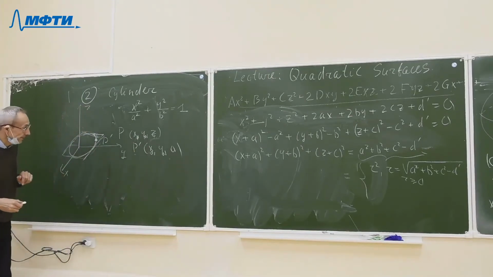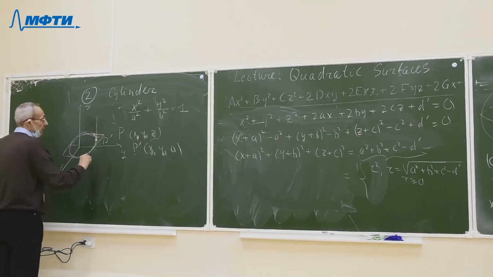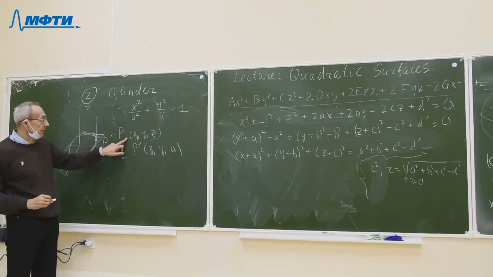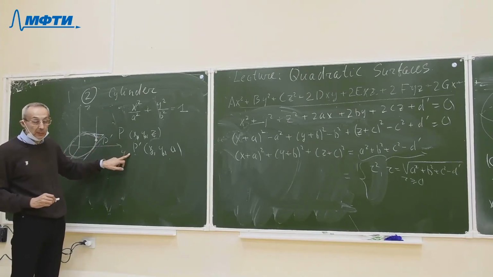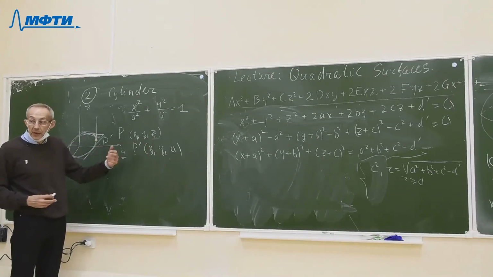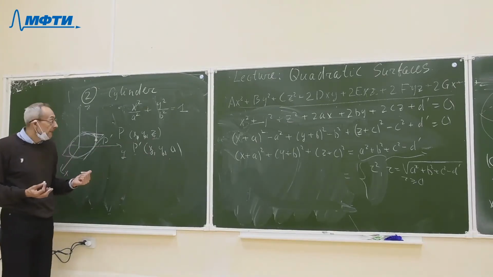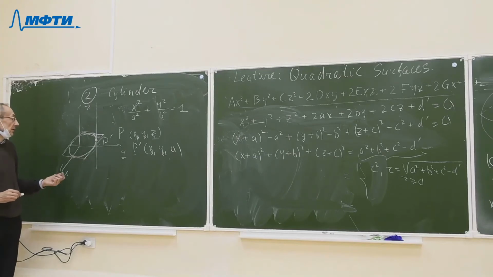And let P be the point which has the same first two coordinates x0, y0 as the point P prime, but the third coordinate z can be arbitrary. This point lies on the straight line which passes through point P prime and is parallel to axis OZ.